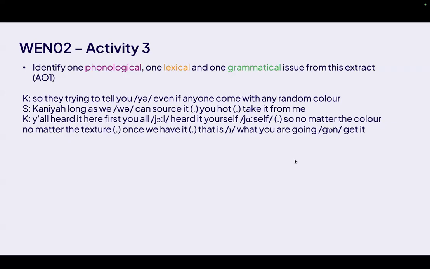So have a little look at that. Just take a moment. You don't need to write anything in the chat, but have a think. If you're sitting with somebody in your departments or in your centres, maybe have a discussion between yourselves as to one phonological, one lexical, and one grammatical issue. And we will come back to that in just 1 minute.